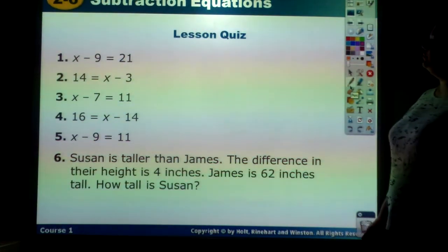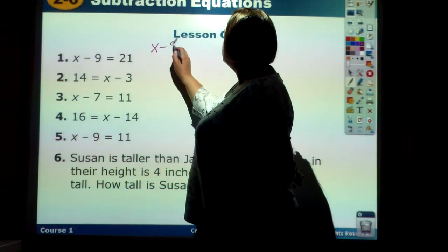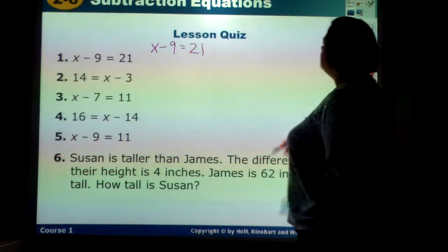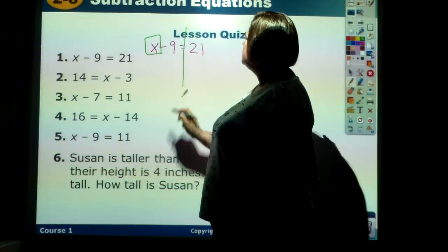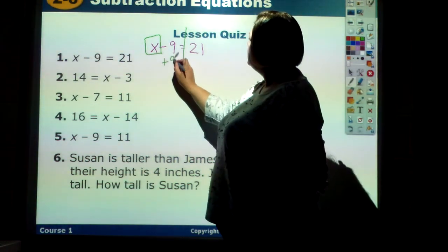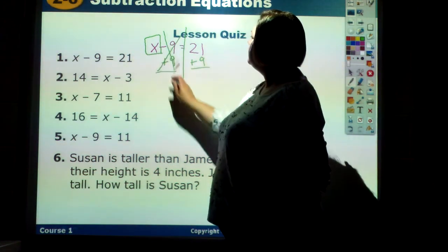Okay, let's look at some more. X minus 9 equals 21. Okay, first, isolate that variable. We have X. Divide my equation into two sides. Complete the opposite operation. I'm going to add 9 here. That cancels out.